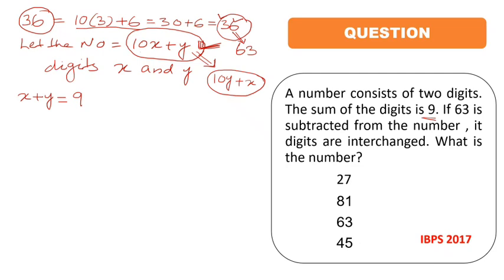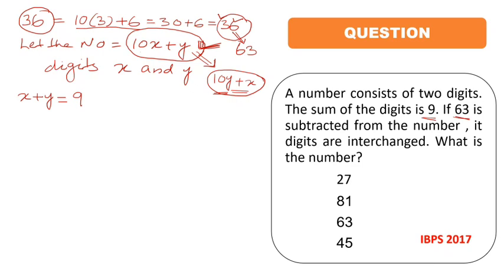In this number, initially x is in the tens place. After interchanging, y will come to the tens place. So 10x plus y, when you interchange, becomes 10y plus x. Very, very important.